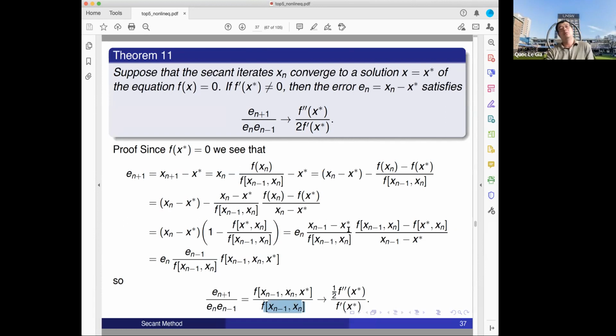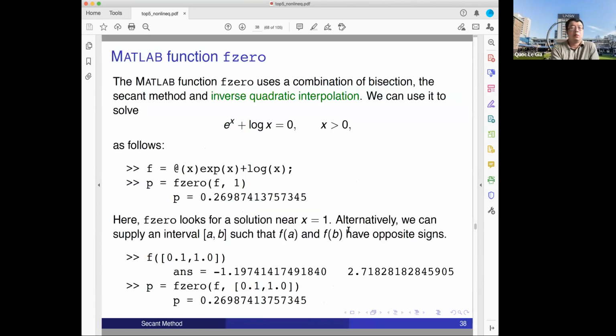So now in MATLAB there is a function fzero. fzero will use a combination of bisection and secant method and inverse quadratic interpolation. Inverse quadratic interpolation we will talk about in the tutorial.